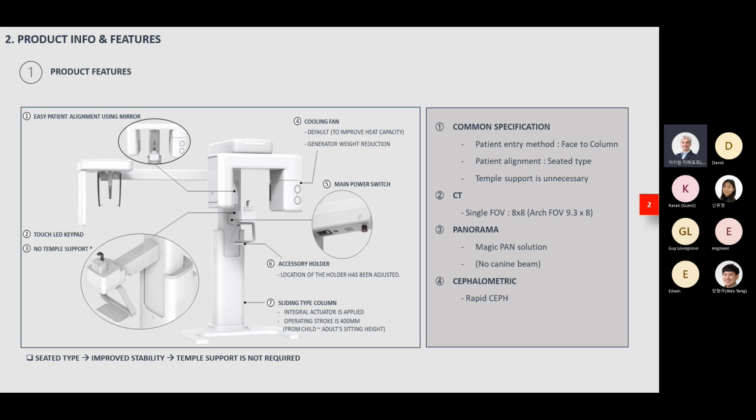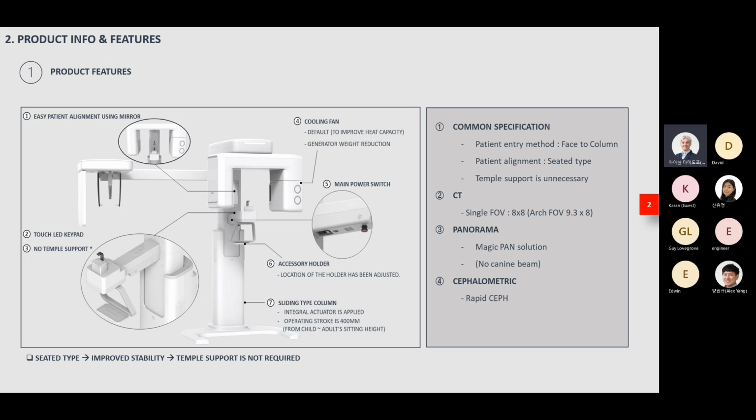And we don't have the temple support. Also, because of the CT type, we have the keypad, as I told you already, and we have the meter in here, and the patient must sit and face the column itself. The column is sliding type, and we also applied the integral actuator.